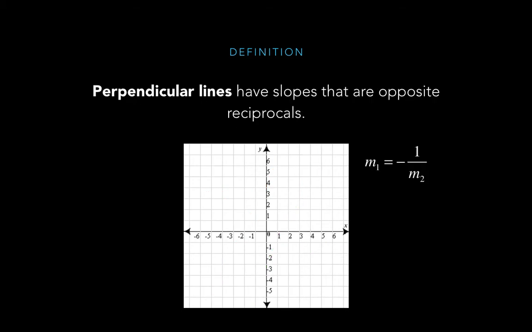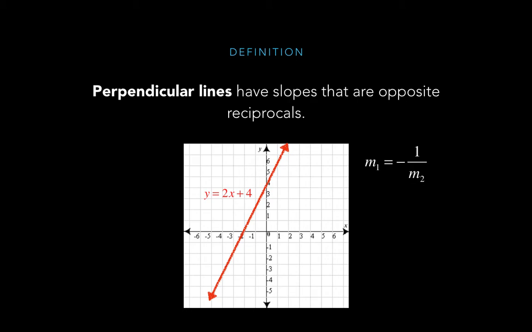Perpendicular lines have slopes that are opposite reciprocals. This red line is the equation y equals 2x plus 4 again.